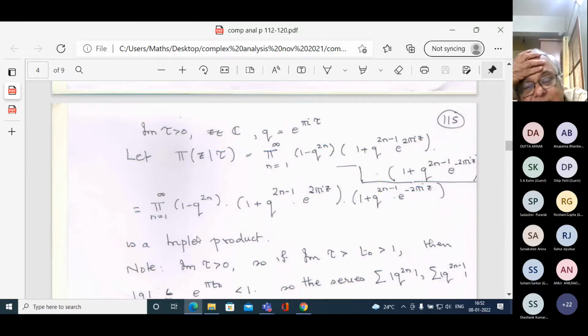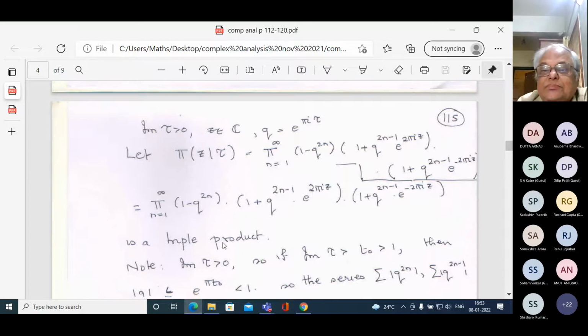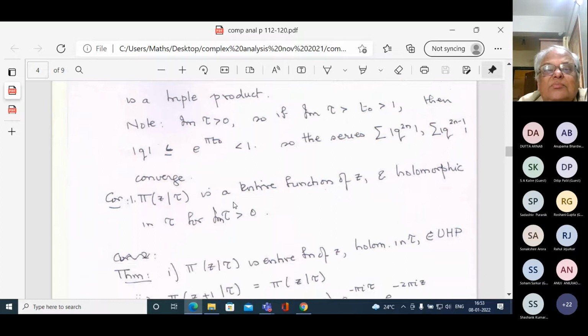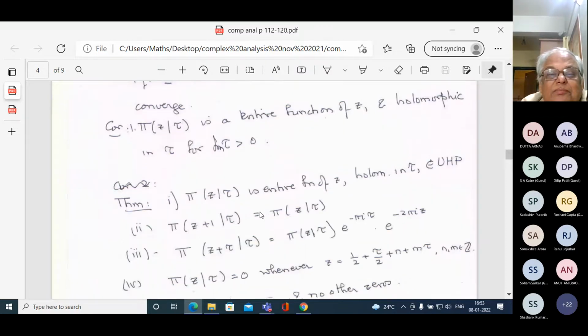For n sufficiently large, these products are bounded away from 1, and therefore this product is uniformly convergent on all compact sets, and therefore it converges to a holomorphic function as a function of z. So there is something to be done there, but it's essentially the same. Therefore, this is an entire function of z, and it's holomorphic for imaginary part of tau greater than 0.